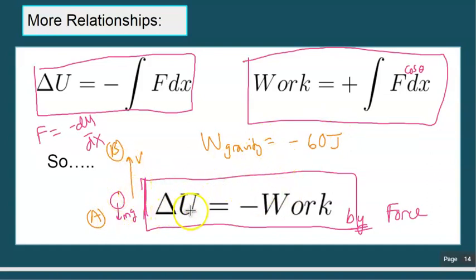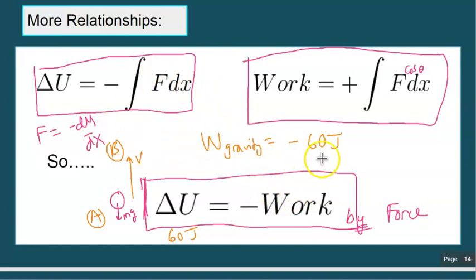So the gain in stored energy is negative the work done by the force. Gravity did minus 60 joules, and therefore it gained 60 joules of stored energy. To me, it makes more sense to just derive the potential energy function.